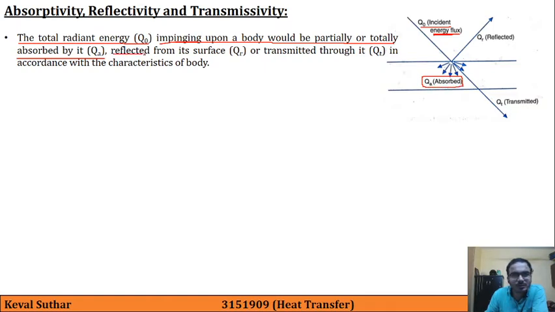Reflected from its surface QR, that is this one, or it can get transmitted through it, that is QT, in accordance with the characteristics of the body. So these are the three possible options, that it can get absorbed, reflected or transmitted.